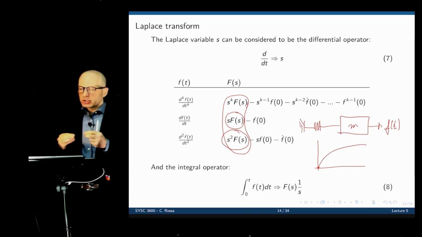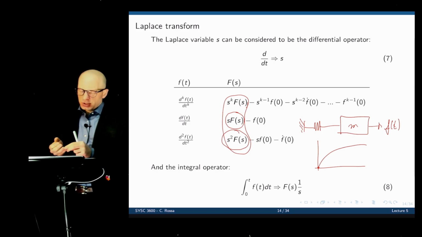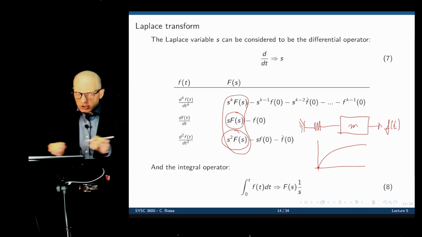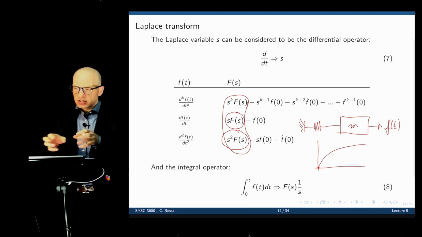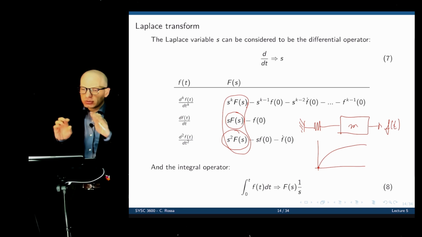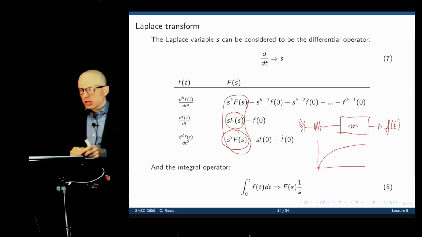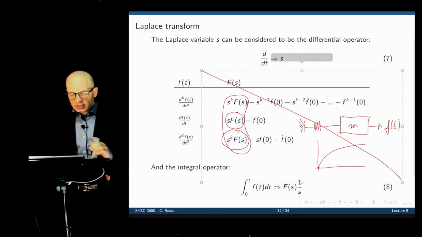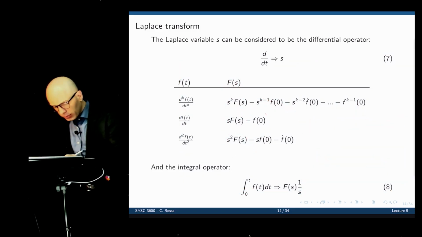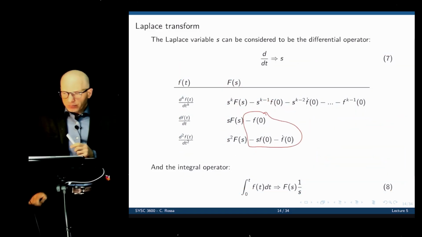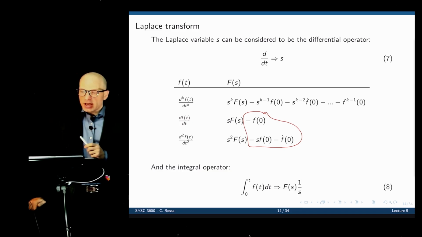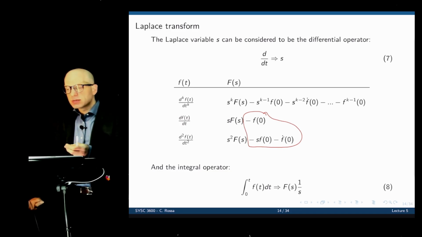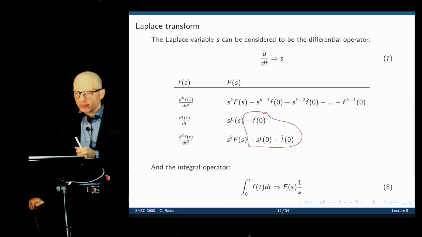The transformation is only indicating position, speed, and acceleration. These initial conditions that already exist in the system, that are already established before we apply the force, are nowhere. And that's why they show up here. They show up here as a condition that already exists before we intervene with our force or displacement.